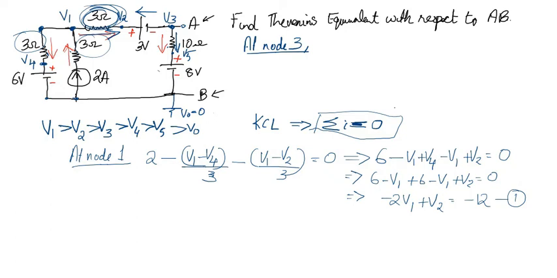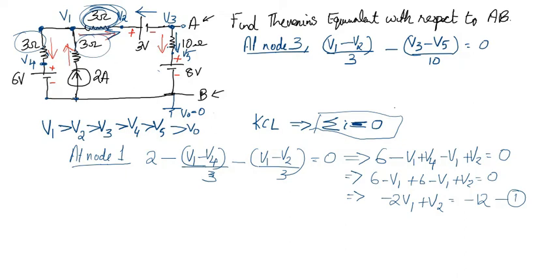So when you take the first current as incoming and the next current as outgoing, the equation would be (V1 minus V2) by 3 minus (V3 minus V5) by 10 equal to 0. Here also we can do an easy calculation. We can multiply this entire thing with 30.